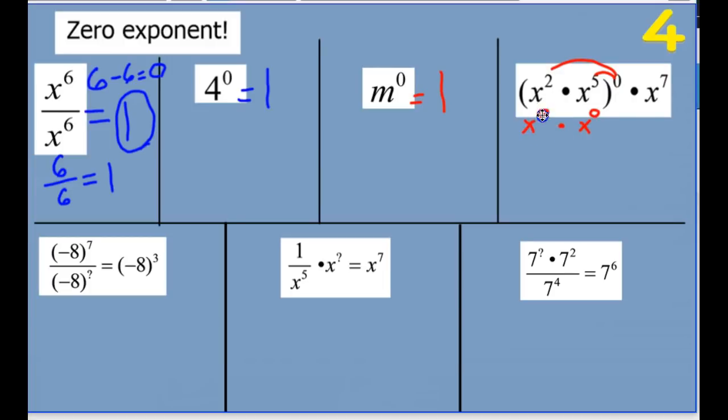Anytime we have something to the 0 power, it's going to be 1. So 1 times 1 times x to the 7th is what we have left. Now anything times 1 is the same thing as what we had before. So 1 times 1 is 1. 1 times x to the 7th is the same thing as x to the 7th.